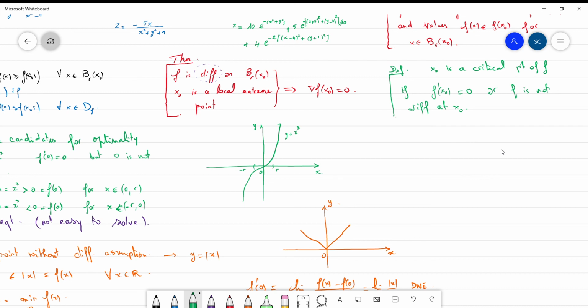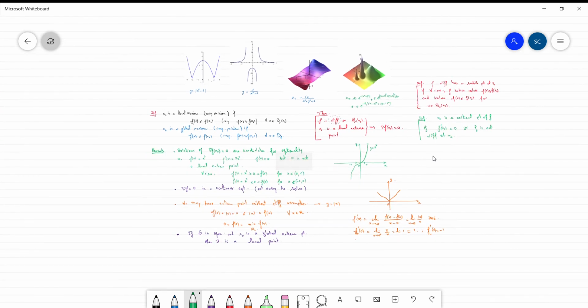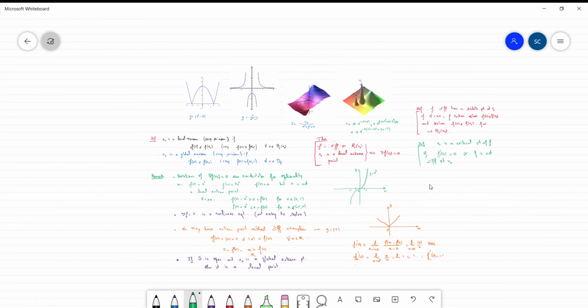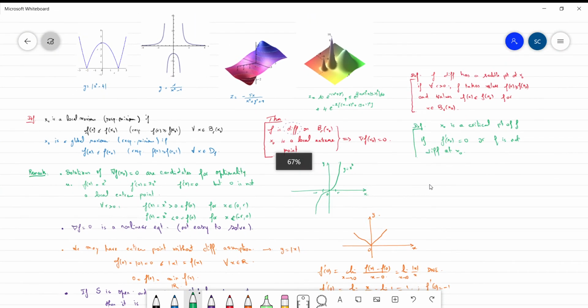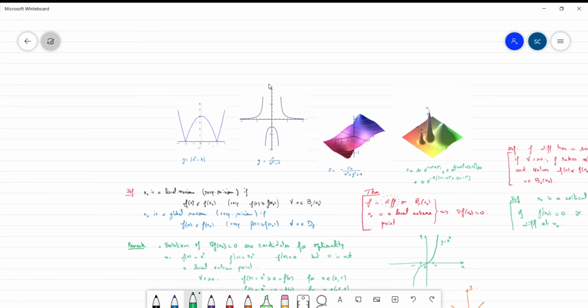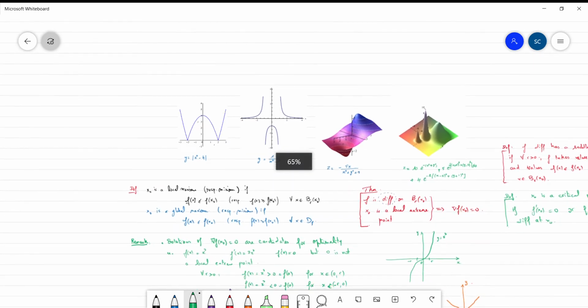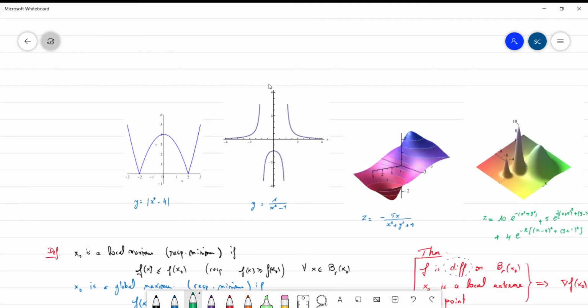So this is mainly what you need to know about this content. Today we saw that critical points are the necessary conditions for optimality.